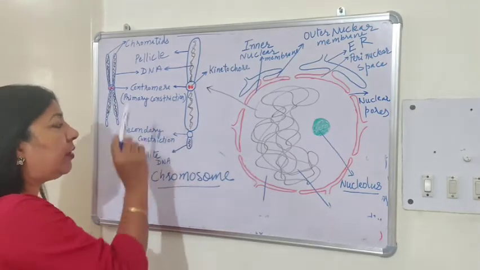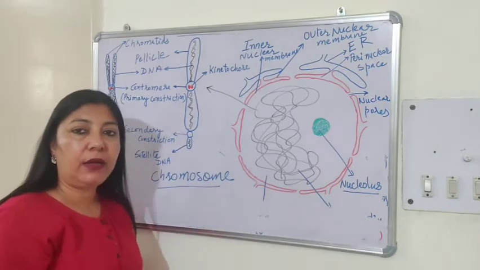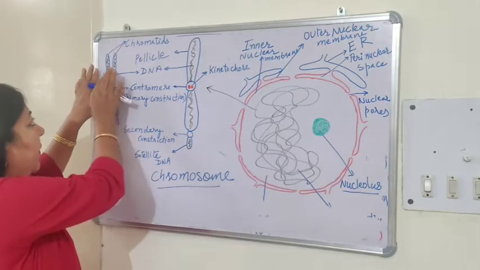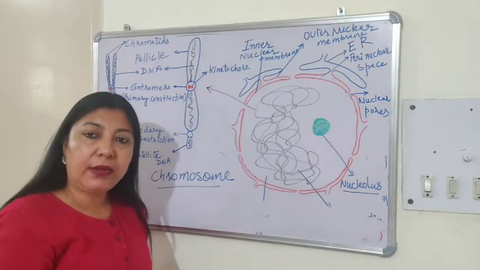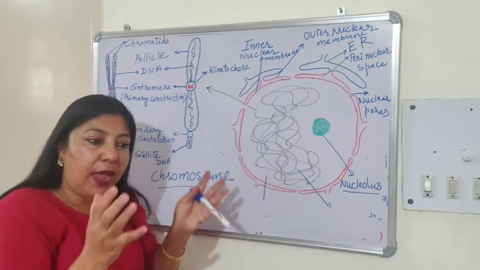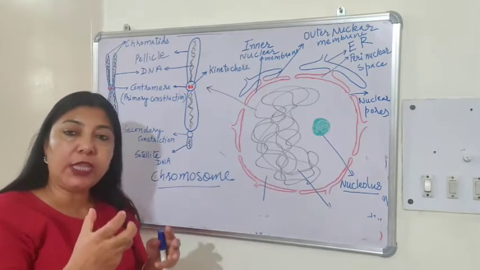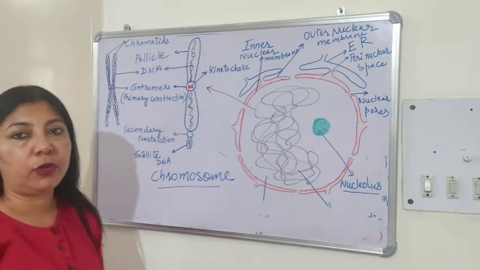Okay. So during cell division, there are different stages which we will study in the next chapter. There is a stage called anaphase, where these chromatids separate and then they acquire different shapes. So based on the shapes they acquire during anaphase, there are different types of chromosomes.